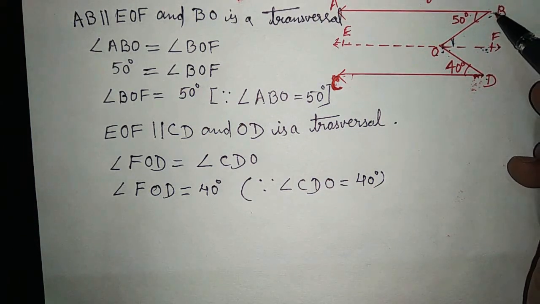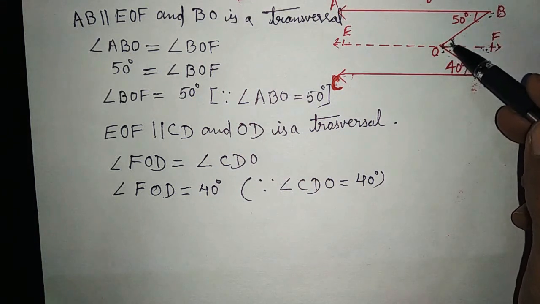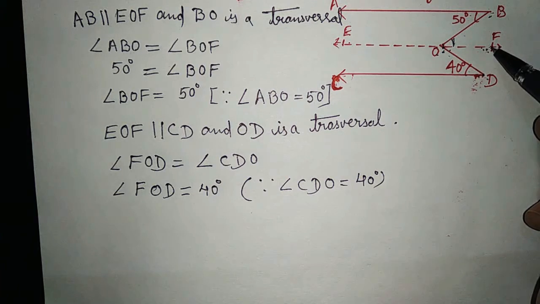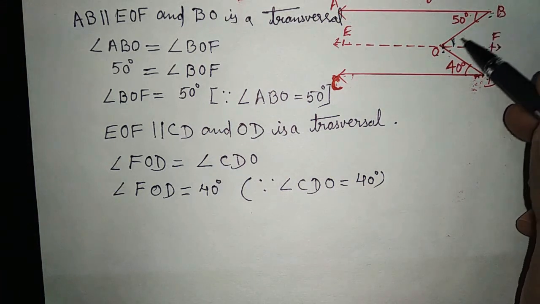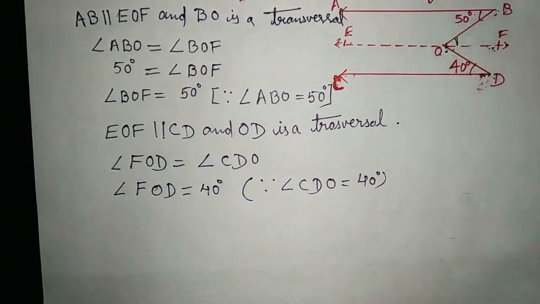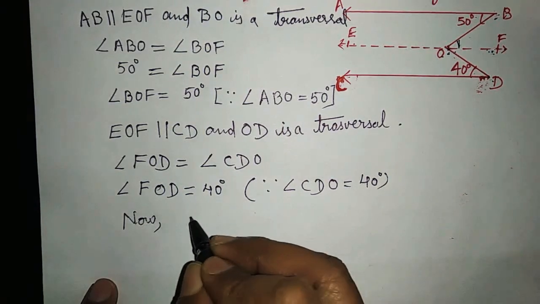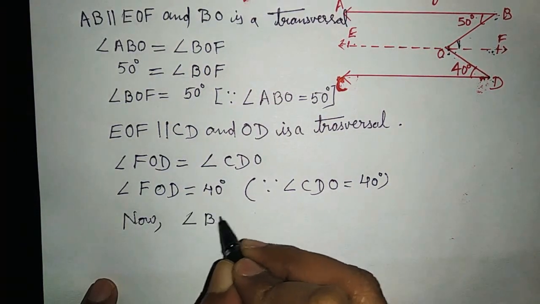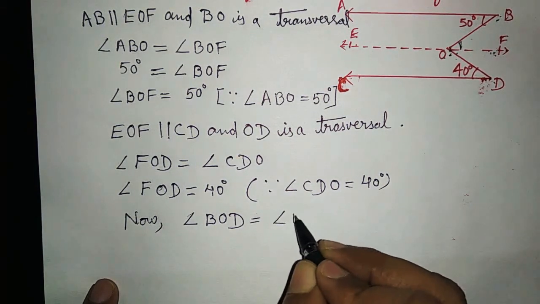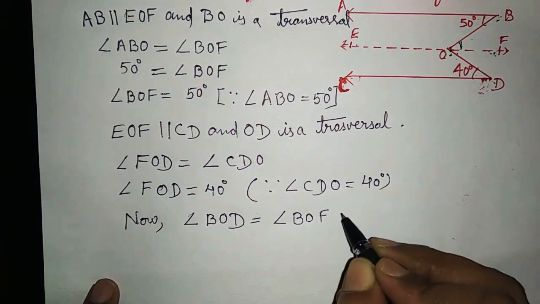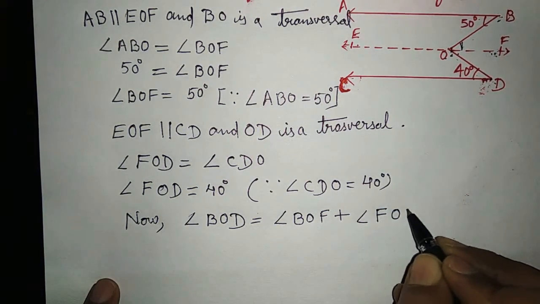So I think you understood. We will add the measure of angle BOF and angle FOD for the angle BOD. Now we will write angle BOD is equal to angle BOF plus angle FOD.